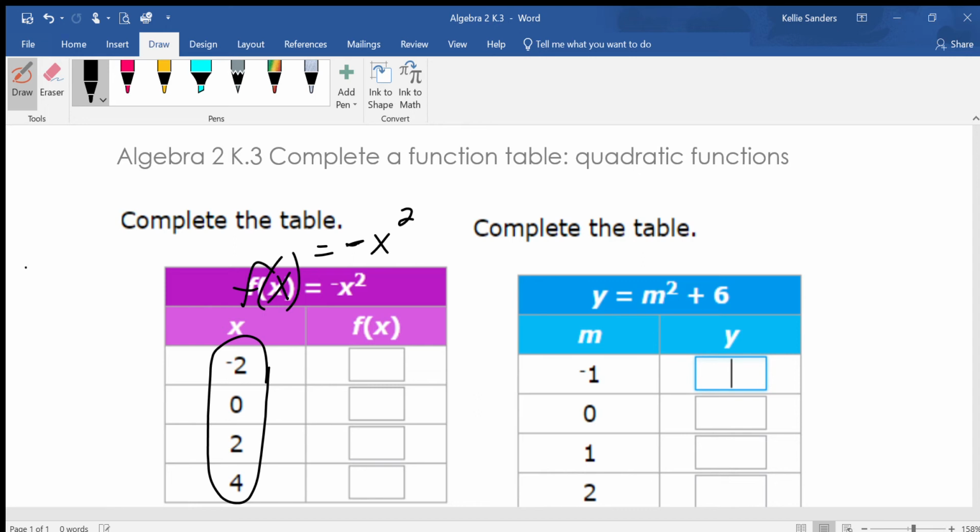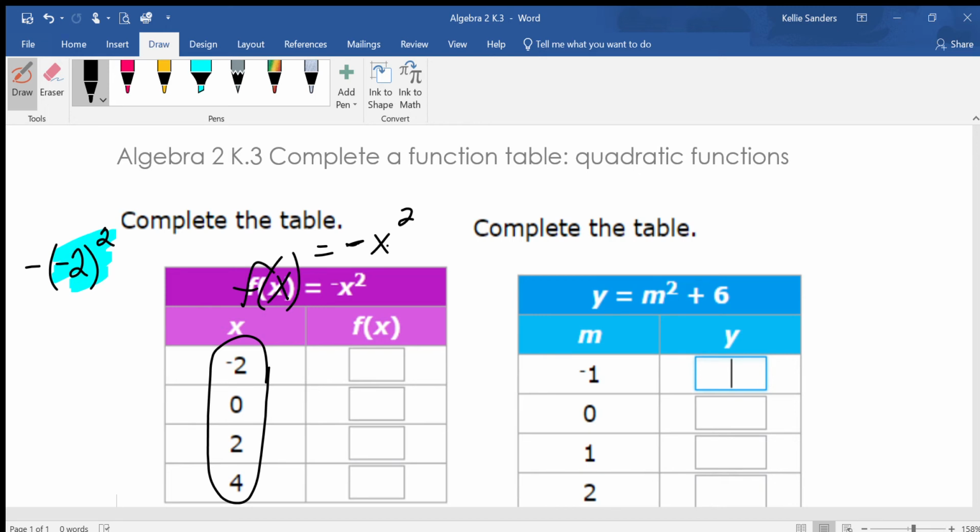You have a negative, so we're going to write a negative. We're going to put something in for x. Anytime you're going to put a number in for x, we are going to use parentheses, especially if that number is negative, and then we are going to square it. Whenever we do that, we do exponents first, and because of that, the negative 2 that's inside is going to be negative 2 times negative 2.